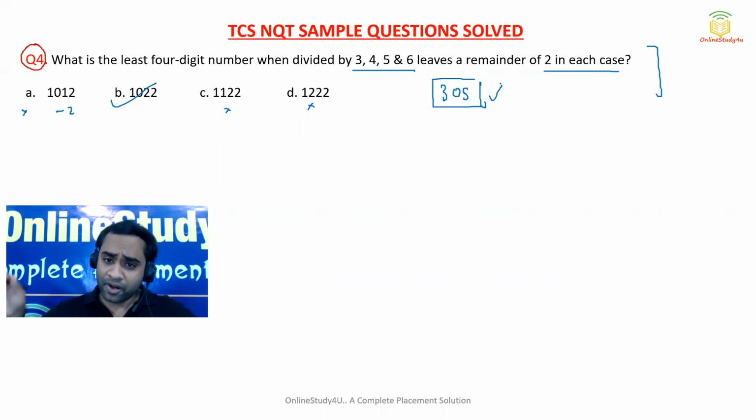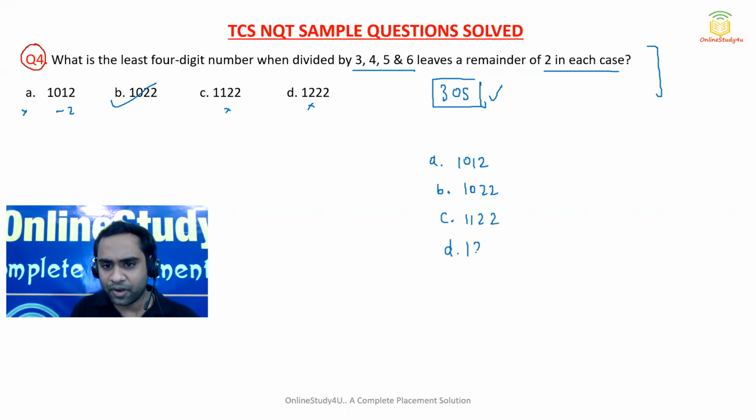But for you to do this, you need to understand how this question has to be handled. Option A is 1012, option B 1022, option C 1122, and option D is 122. Now the question is: what is the least 4-digit number which, when divided by 3, 4, 5 and 6, leaves a remainder of 2 in each case?